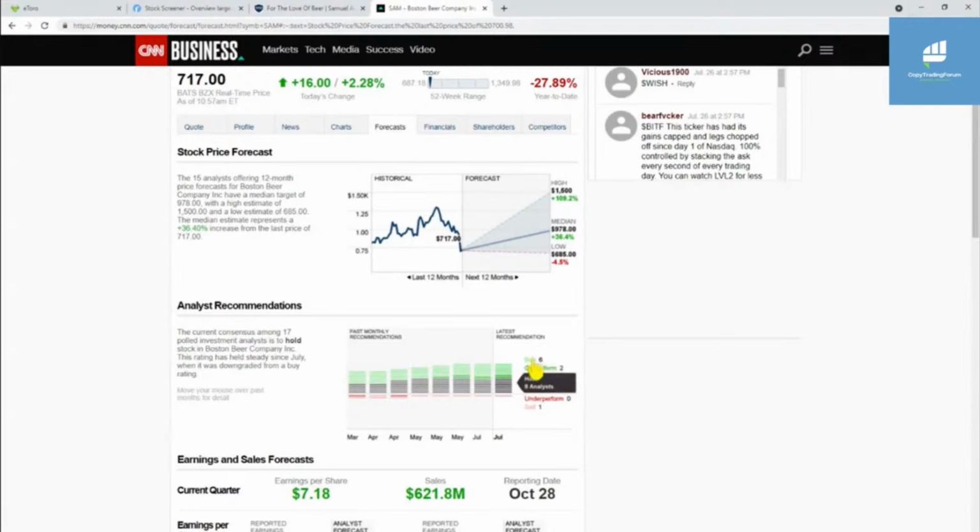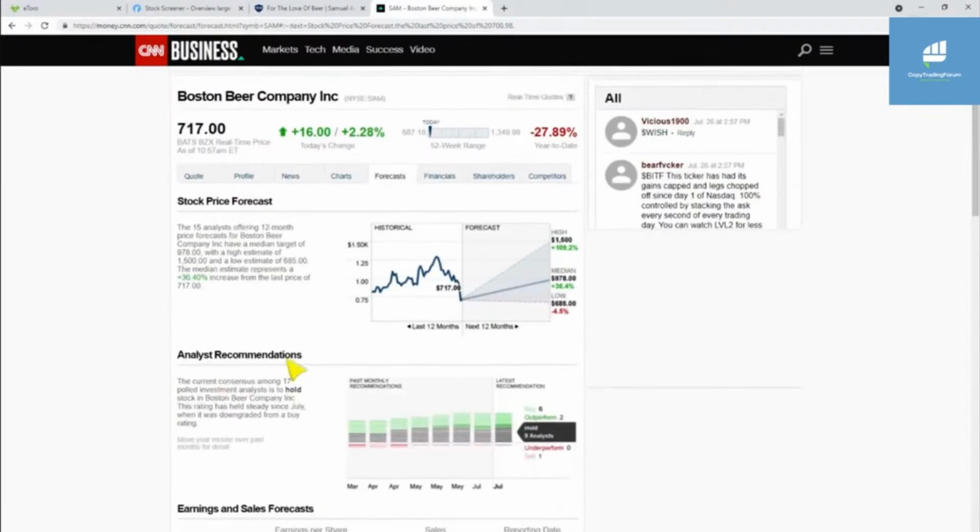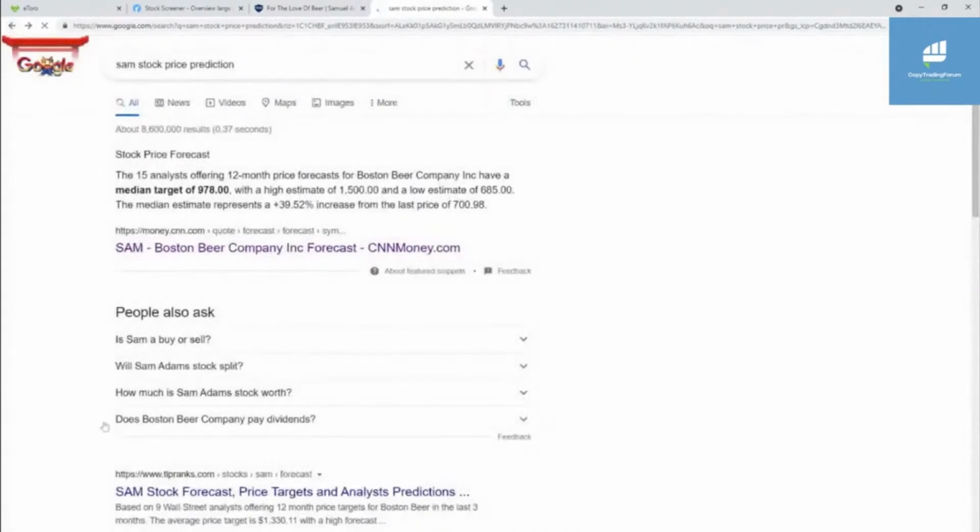So you can say that as 8 buys nearly and 8 holds and 1 sell. So it's even numbers there between the buy and a hold. I usually look for the consensus of a buy rating, but because there's such a massive drop on this stock price, that's fine for me, and that's through experience, and you'll learn that as you go along.